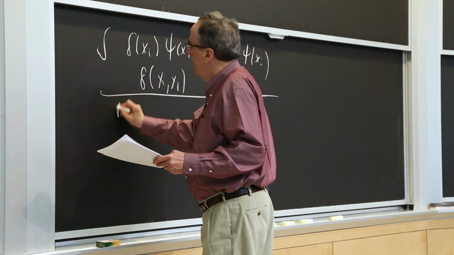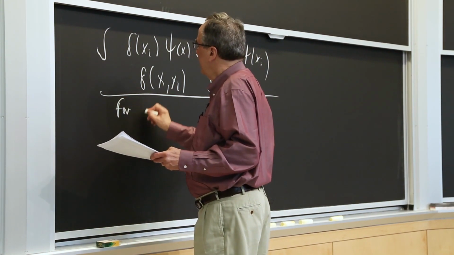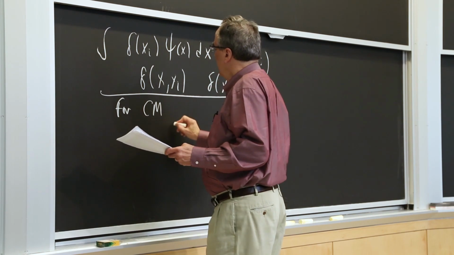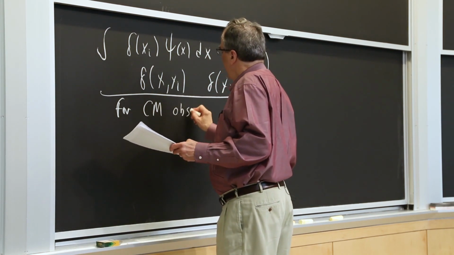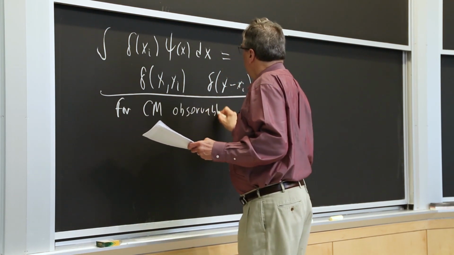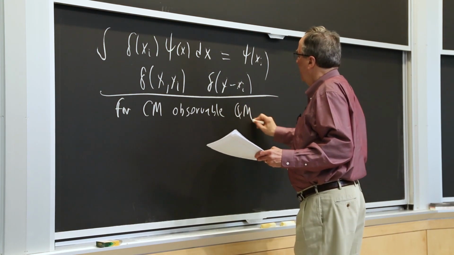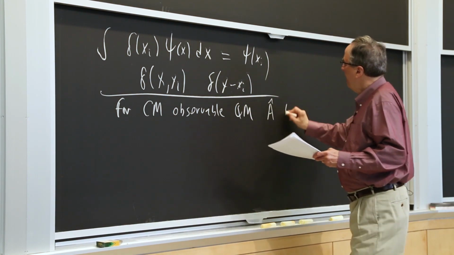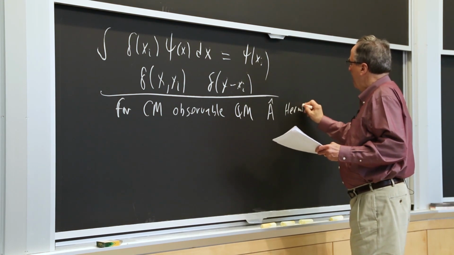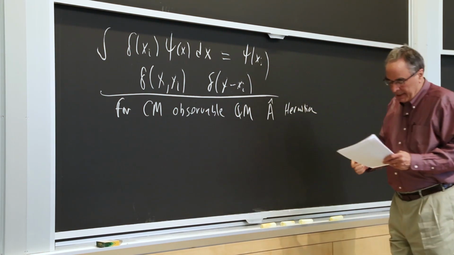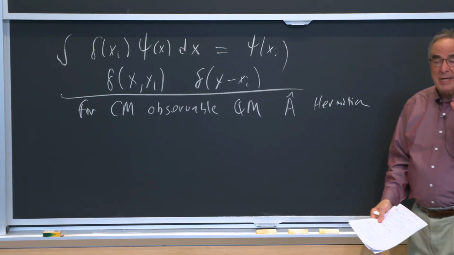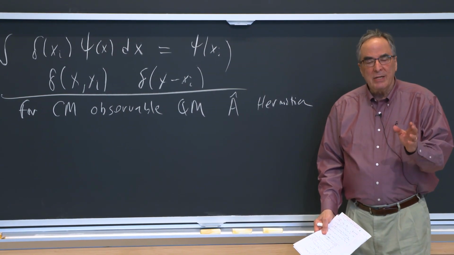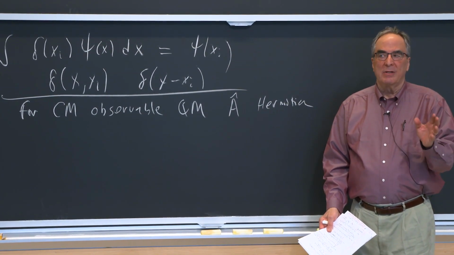So for every classical mechanical observable, there is a quantum mechanical operator, which is Hermitian. And the main point of Hermitian, as I said, is that its eigenvalues are real.